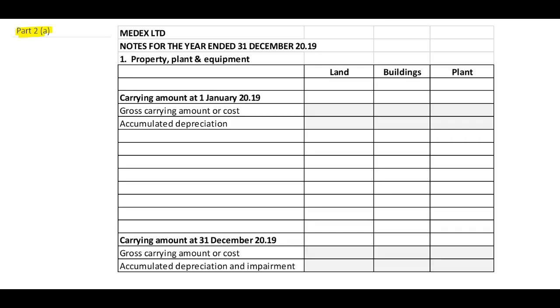Right, they've indicated to us that we need to include our land, our buildings and our plant. Okay, I've included the opening balances and the closing balances. At this point of time, I can't actually remember what to include as the movement, but I leave sufficient lines open to be able to add relevant details, right?